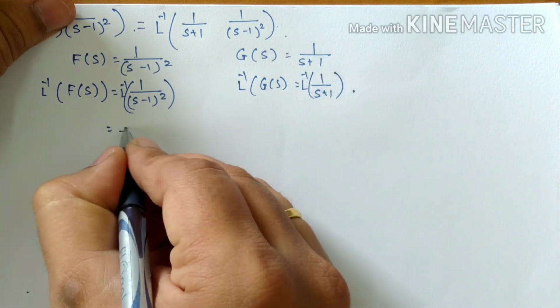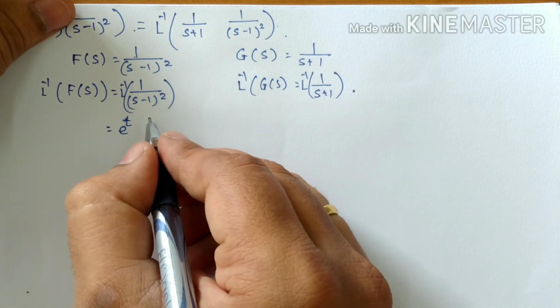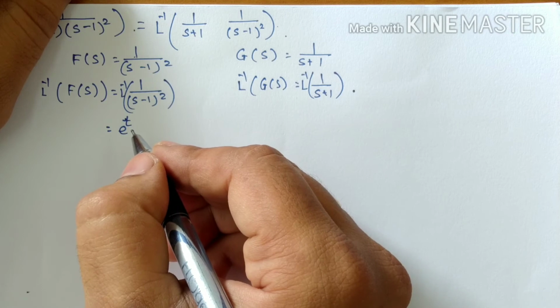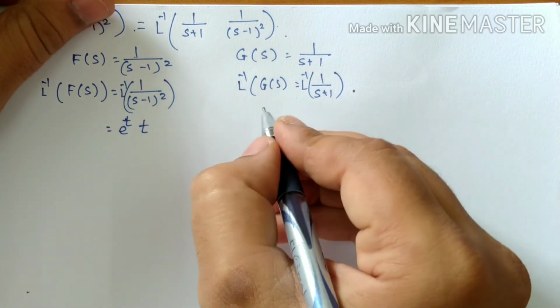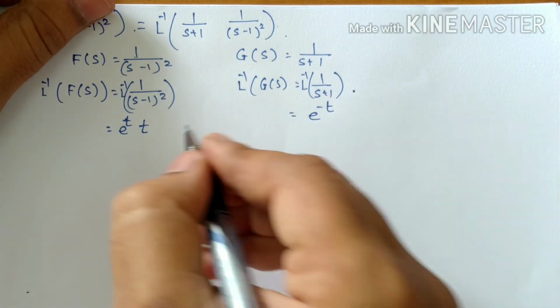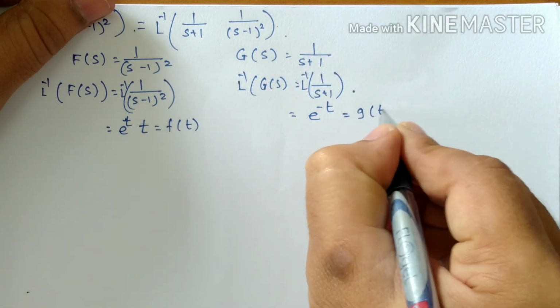So it is e raised to t into L inverse of 1 upon s square. What is L inverse of 1 upon s square? It is t. And here it is e raised to minus t. I call this f of t and this g of t.